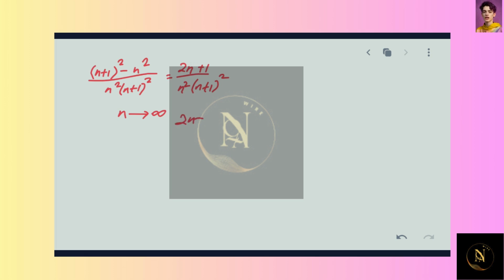So 2n plus 1, because we are adding 1 to a very, very large number, this just approximately goes to 2n. We can ignore the extra 1. Also, n plus 1 just approximately equals n. So what we get from this approximation is 2n at the top and n square times n square.